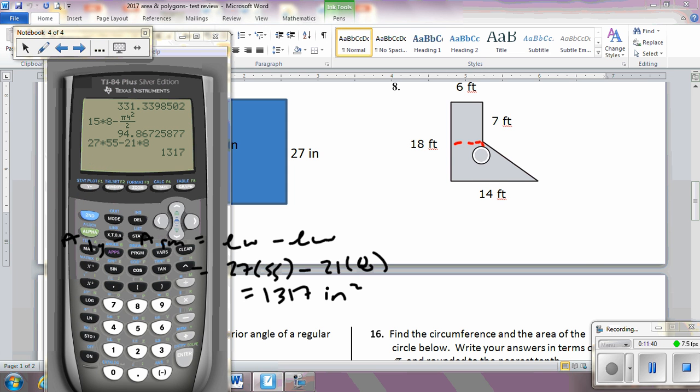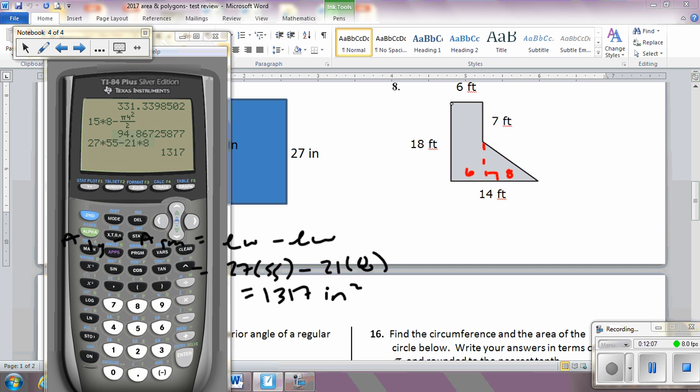Keep it simple. Oh, I erased the wrong one. And I'm going to use a rectangle and a triangle. So if I know the top of the rectangle is 6, that means this bottom part is also 6. So if this whole bottom side is supposed to be 14, I'm missing 8. So that part would be for the triangle.